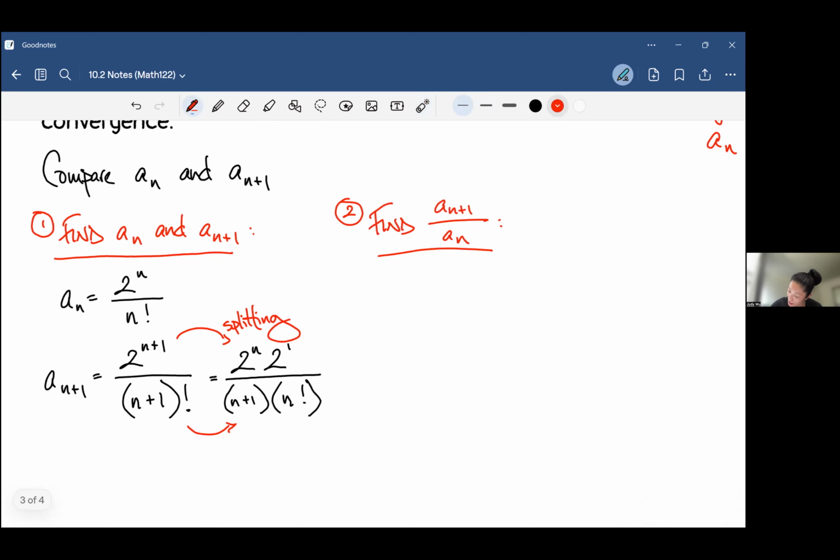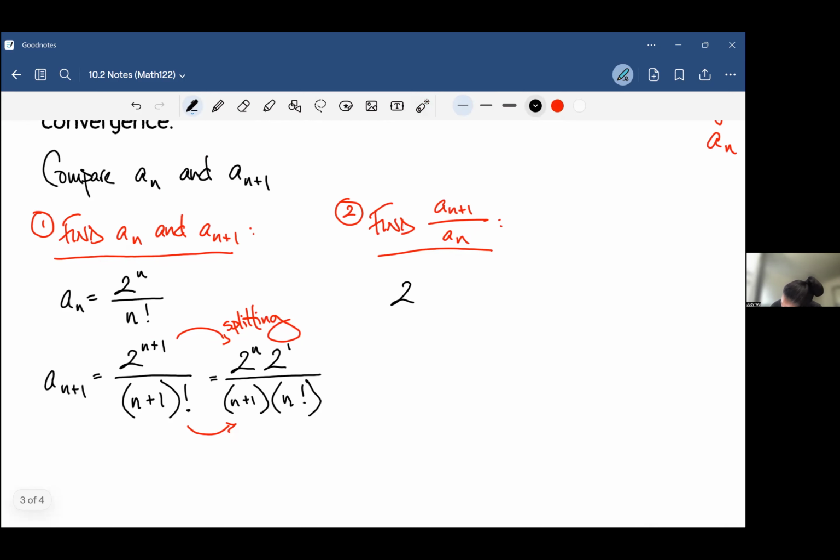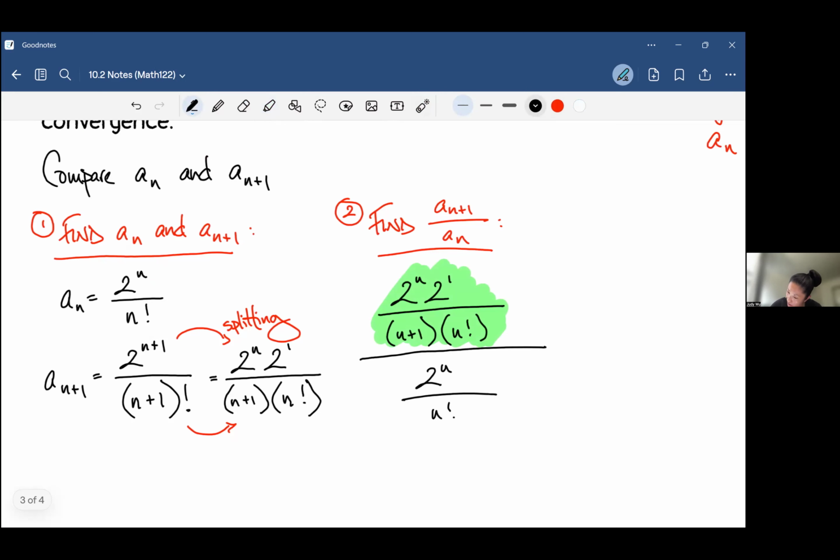So we've got this divided by this. 2 to the n times 2 to the 1 over n plus 1 times n factorial. That's my a sub n plus 1. And I'm dividing it by my a sub n, 2 to the n over n factorial.